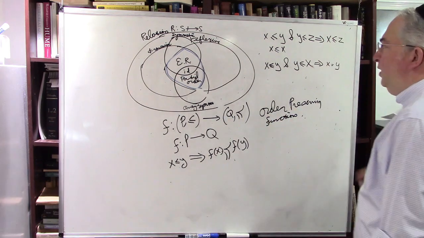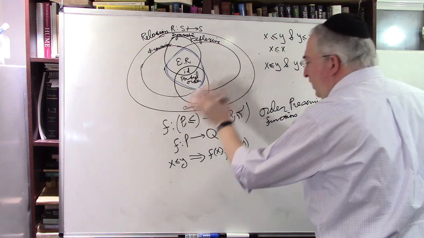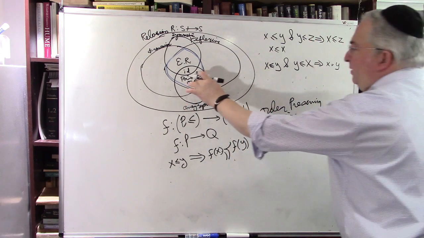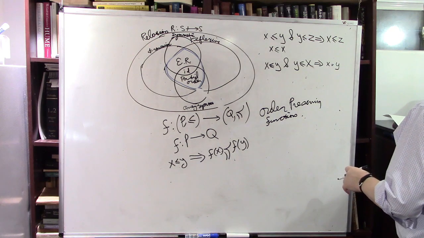And again, P could be a pre-order, P could be a partial order. Both of these have the same idea.